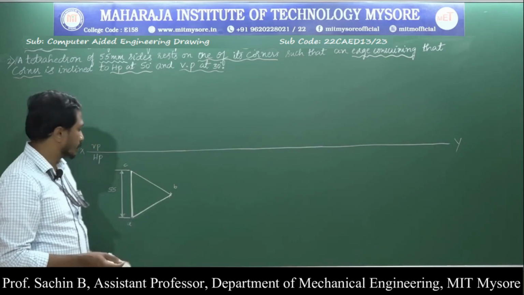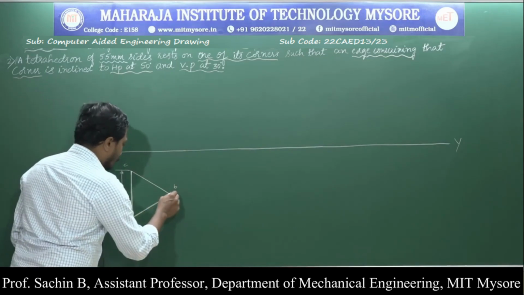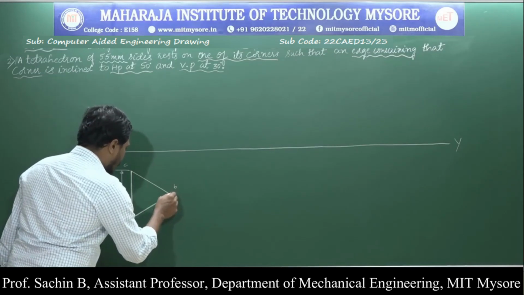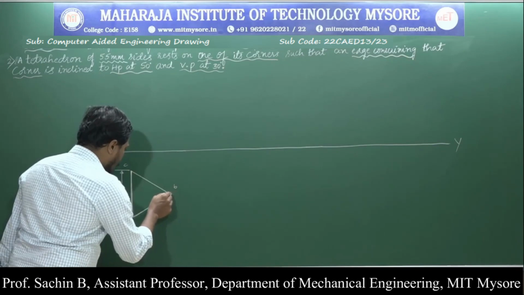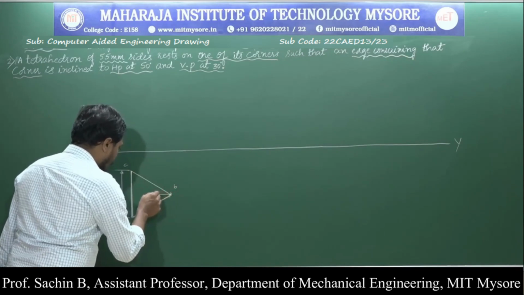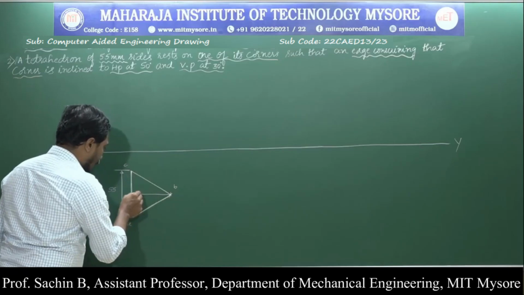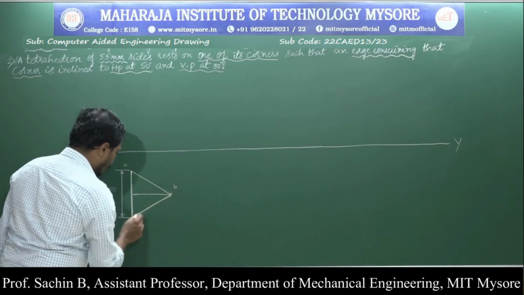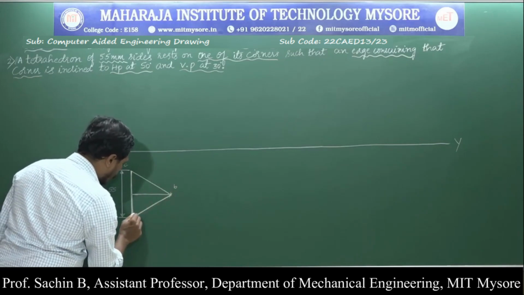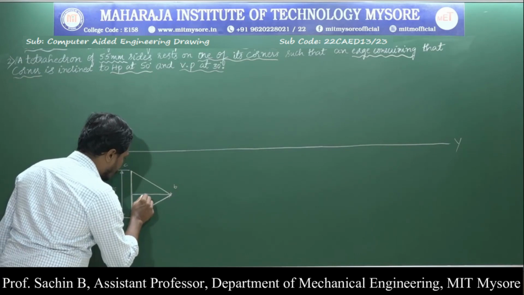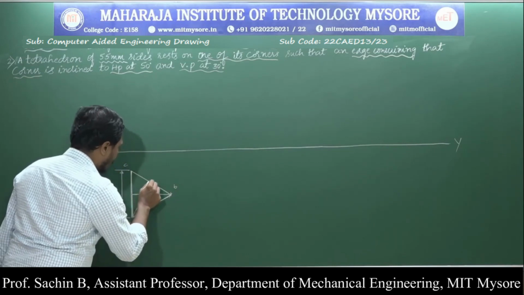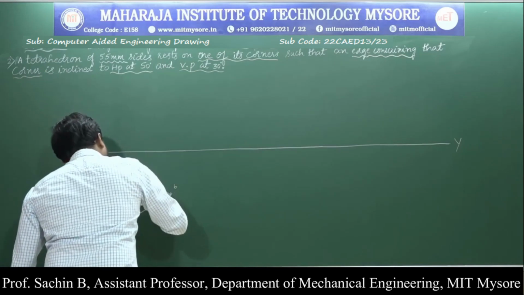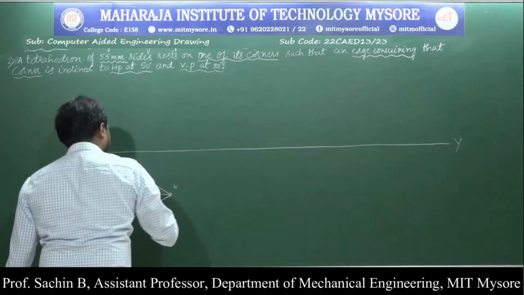To get the slant edges, from the B corner I will draw a thin projection line that should meet the opposite edge midpoint. I am drawing a line. Again from the A corner to the opposite edge midpoint, I am drawing. Again from the C point to the opposite edge midpoint, I am drawing.